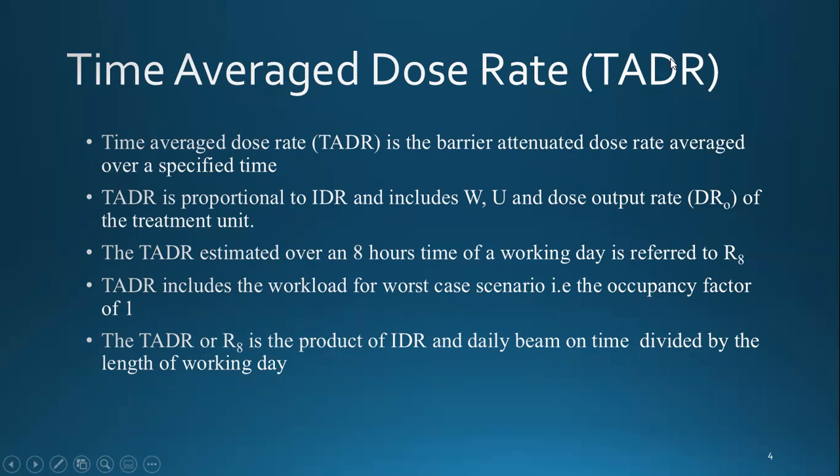For example, if there is an 8 hours working day, what is the beam on time for that 8 hours, right? That is what is taken into account in TADR calculation. It will not be 8 hours as it is, but it is the beam on time divided by the length of the working day.